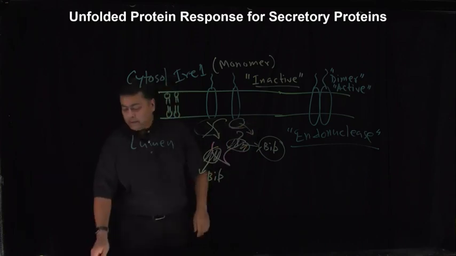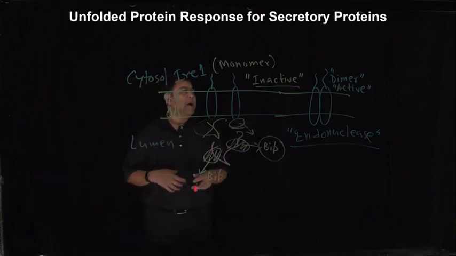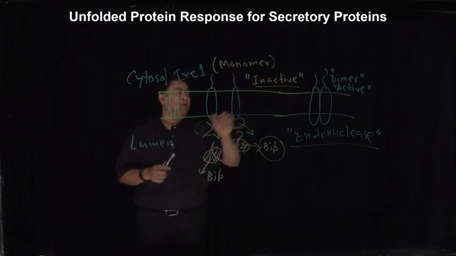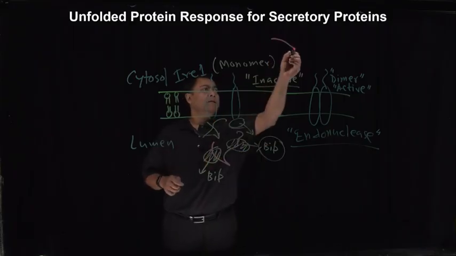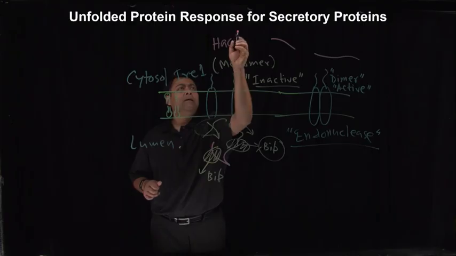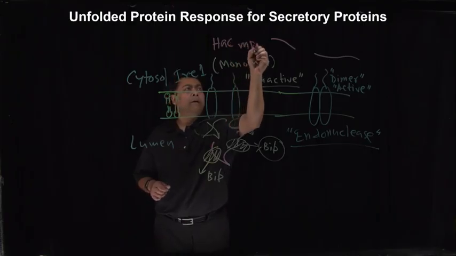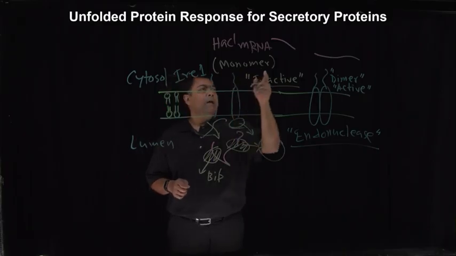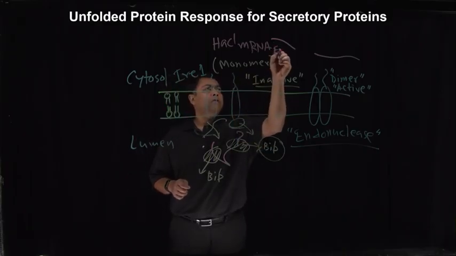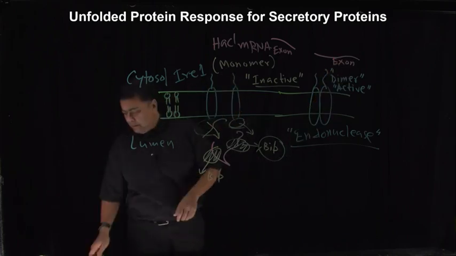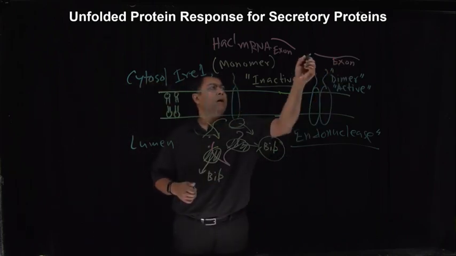Now, there is one mRNA, and it's a little bit unusual compared to the others, that is transported from the nucleus after synthesis in an unspliced form. What do we mean by that? This particular mRNA, which we call the HAC1 mRNA, does have an exon right here, and it does have an intron right here.